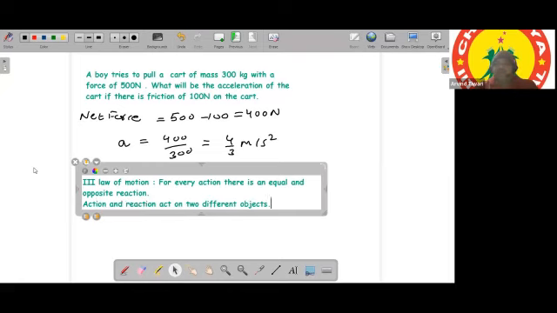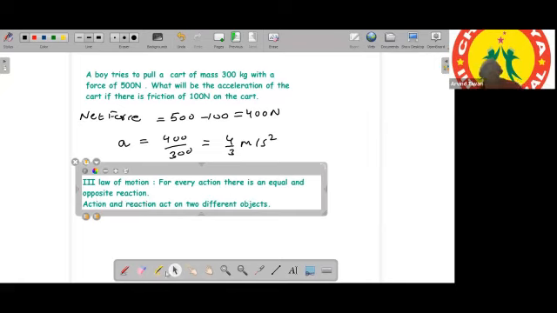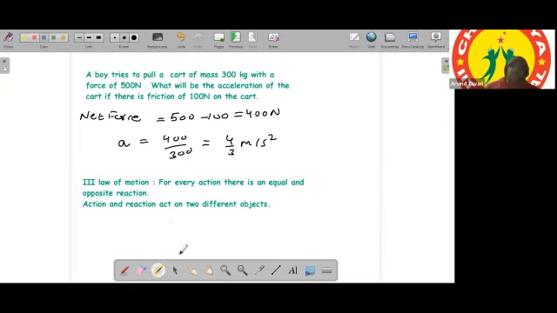Understood this? Yes, sir. So let us try to imagine the situation, what we are trying to say here. Let's say you have two objects, object A and object B. Okay.